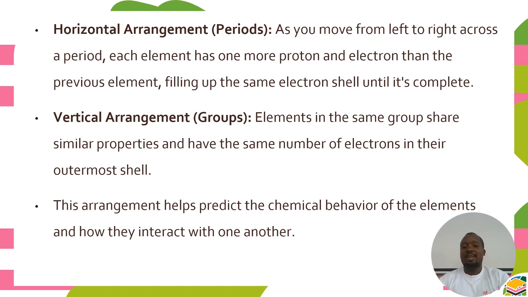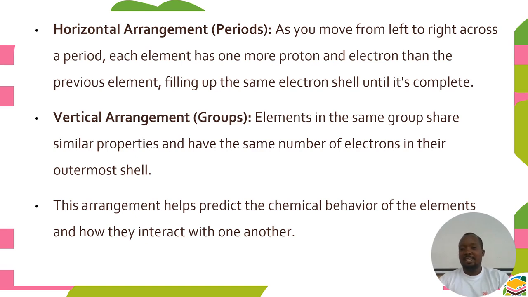The horizontal arrangements are periods. As you move from left to right across a period, each element has one more proton and electron than the previous element, filling up the same electron shell until it is complete. Then we have the vertical arrangements, groups.